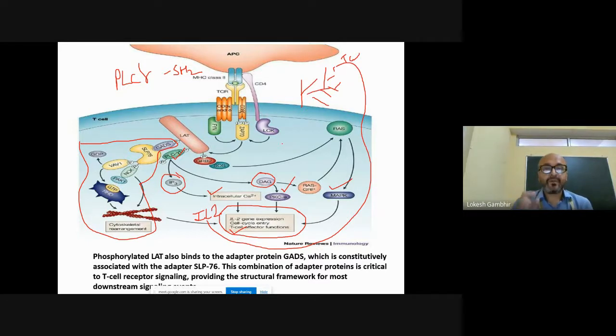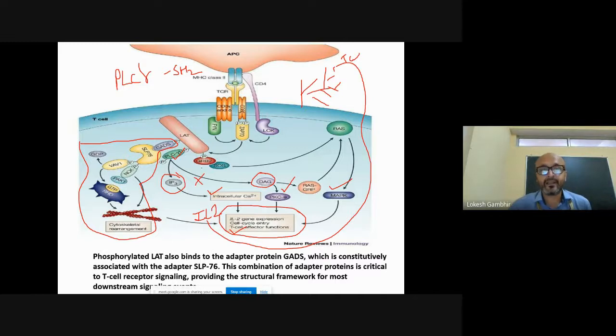Now, apart from this, see, biologically, any cell cannot rely on a single pathway. Suppose somehow, if this single pathway is affected by a pathogen, then the complete immune response will be diminished. So our immune system is very intelligent. It is not relying on a single type of cell or signaling molecule. It has other associated molecules also that are going on a separate line but performing the same function.